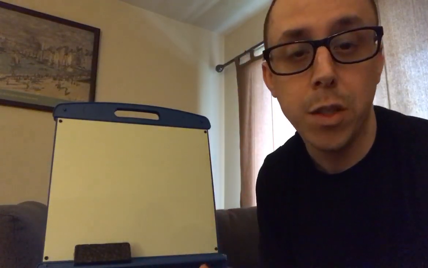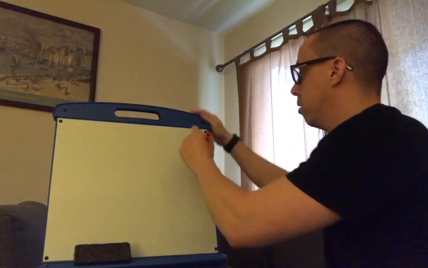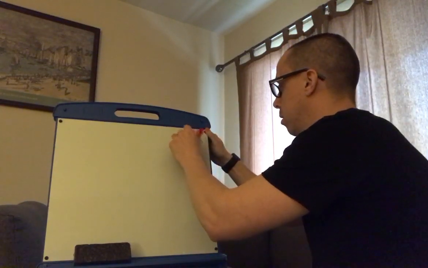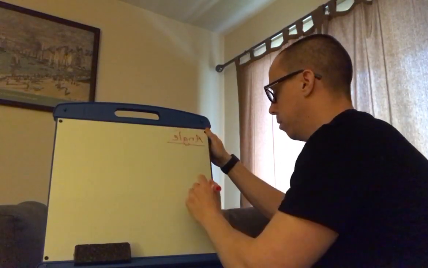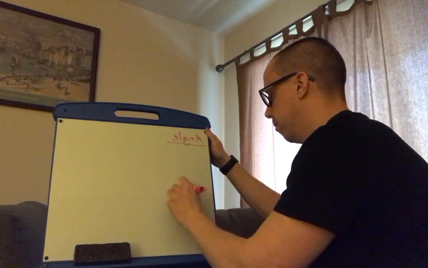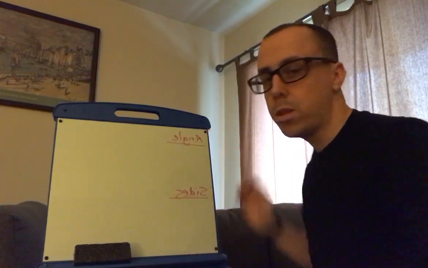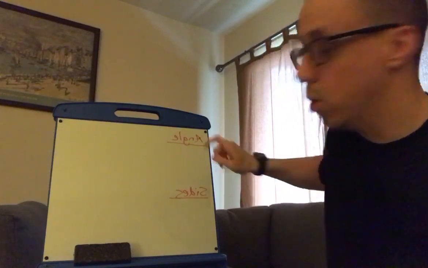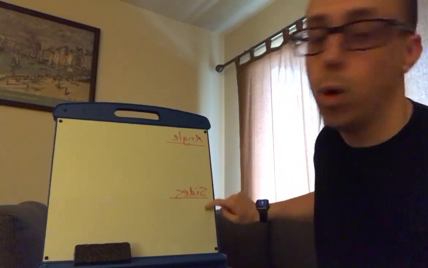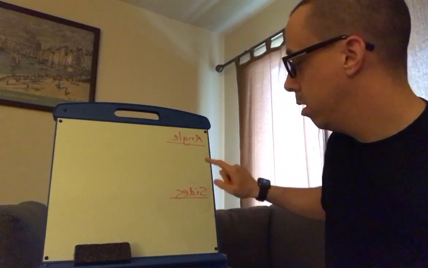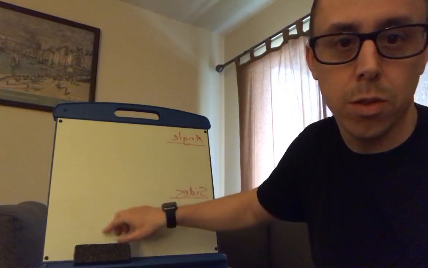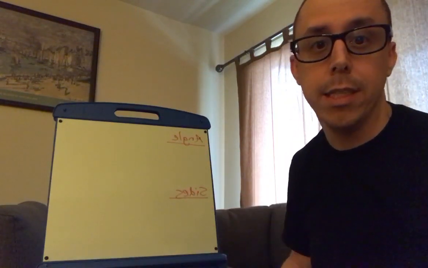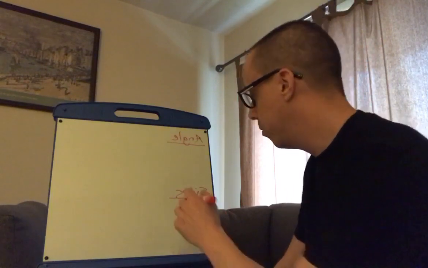Now I'm going to show you a few different triangles. Triangles can be classified in 2 different categories. One by angle and one by side. Starting with sides first, okay? The first triangle is an equilateral triangle.